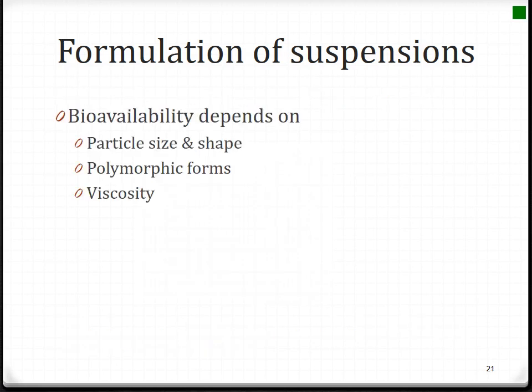The bioavailability of a drug formulated as a suspension depends on how quickly the drug can dissolve and diffuse to be absorbed by the body. This in turn depends on the size and shape of the particles, the polymorphic form used, and the viscosity of the suspension.